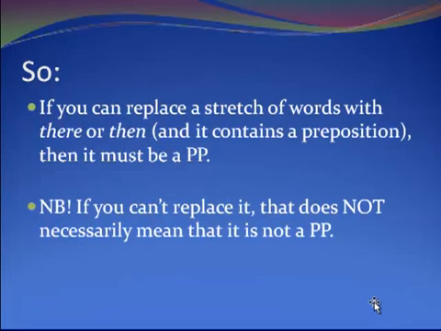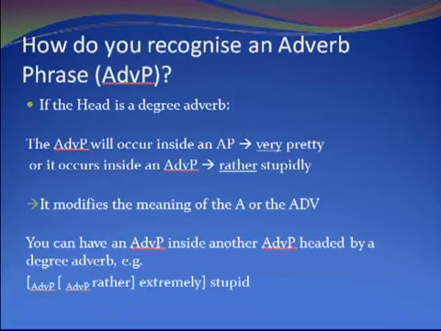Okay, so that's the substitution test, where you can use pronouns to replace noun phrases, and there and then to replace prepositional phrases. How do you recognize an adverb phrase? Of course, we've got two types of adverbs.